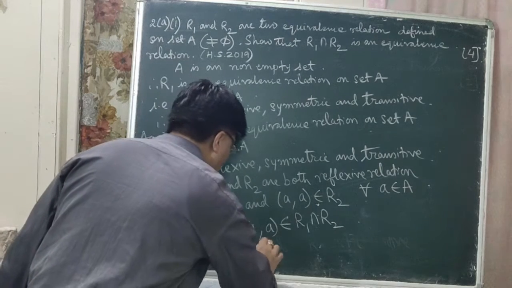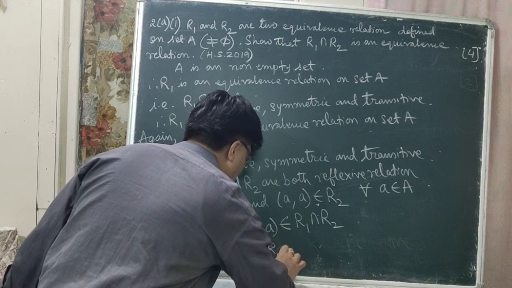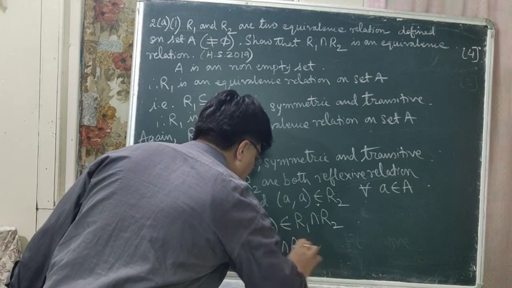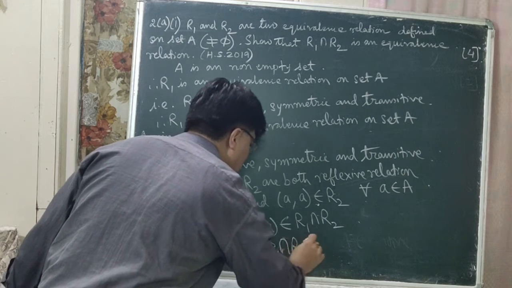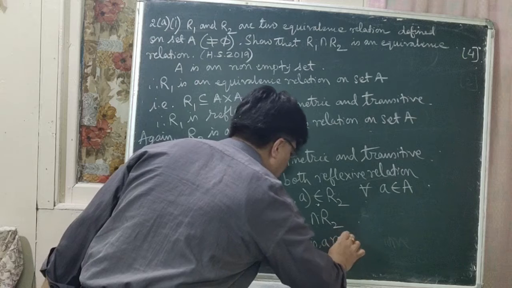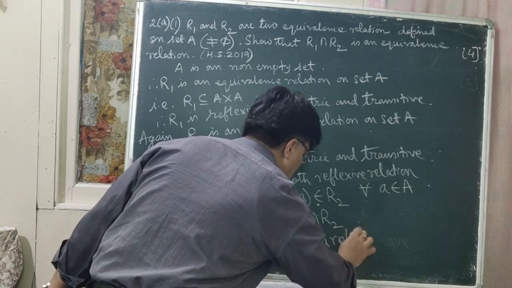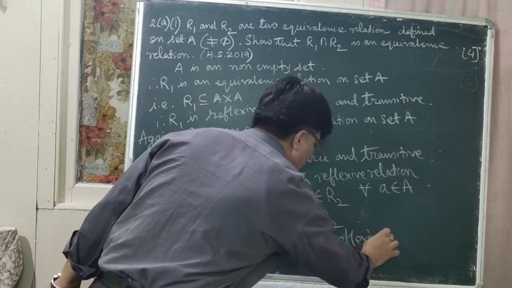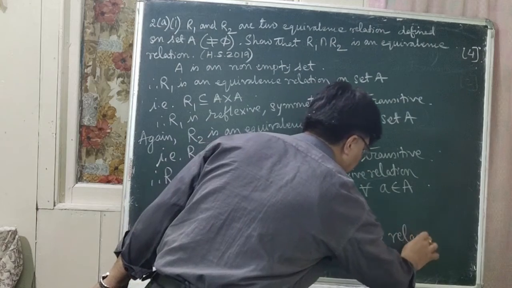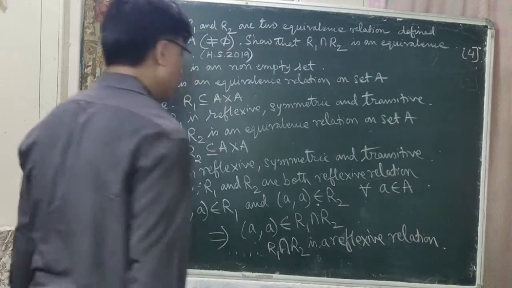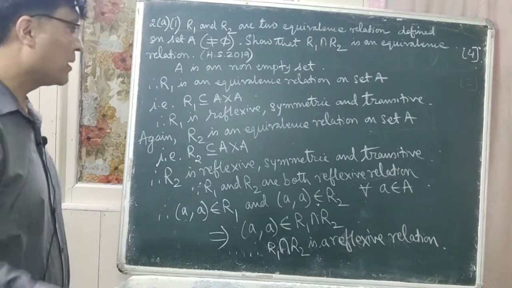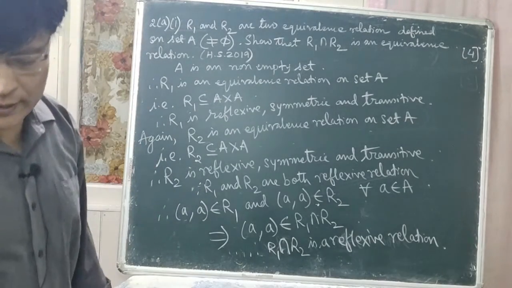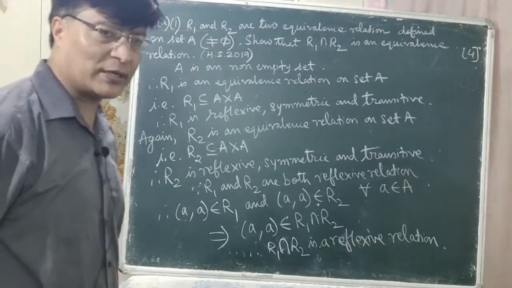So therefore R1 intersection R2 is a reflexive relation. Okay, so now we will prove that R1 intersection R2 is a symmetric relation.